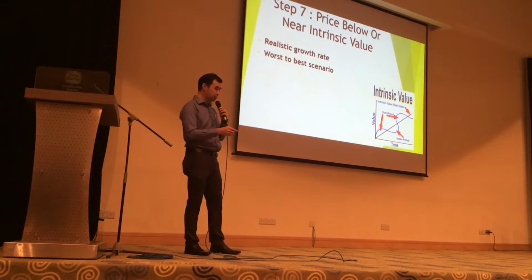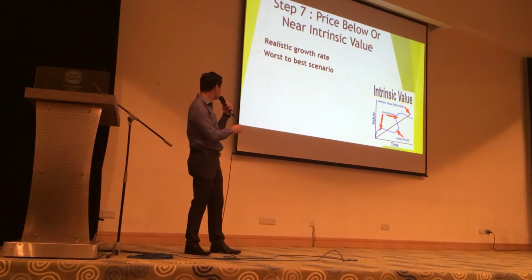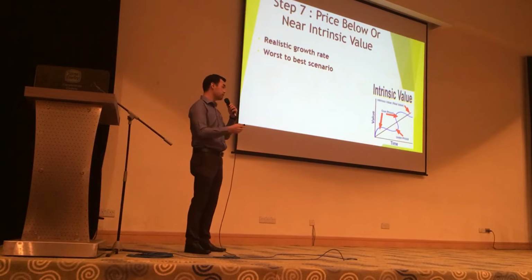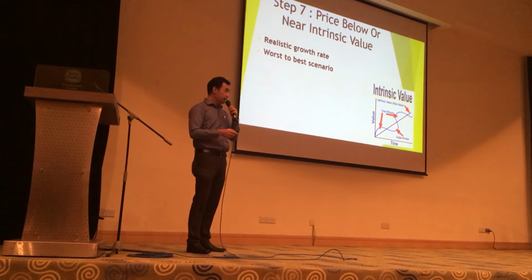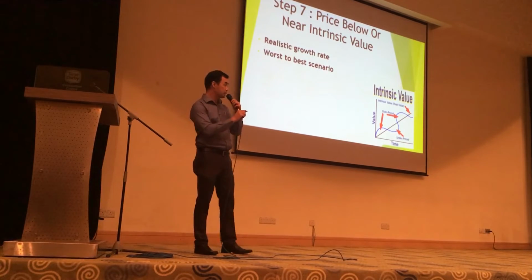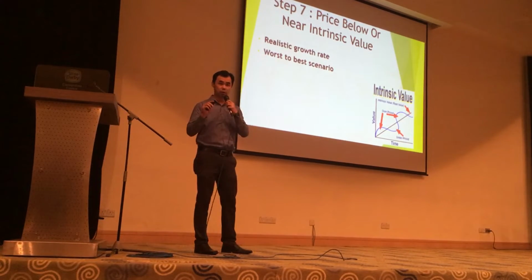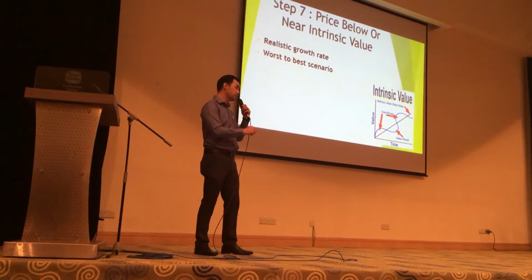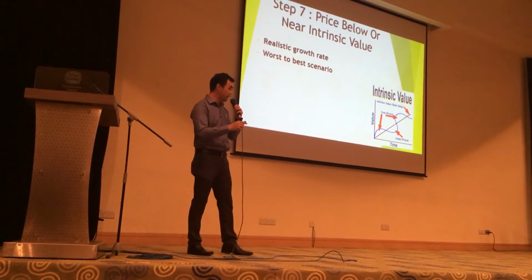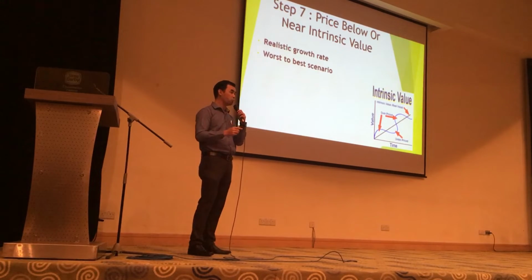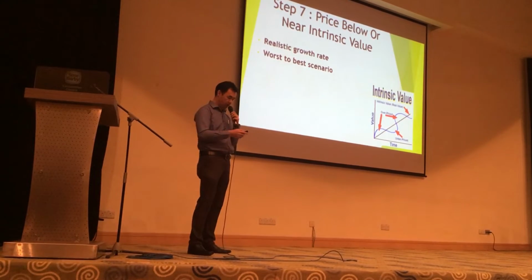So you have to give a very realistic growth rate, and probably you can give some worst-to-best scenarios. I'm not going to talk more on step 7 because another portfolio member next month will have a separate session on IV, where he will explain from the portfolio perspective what we are looking for.